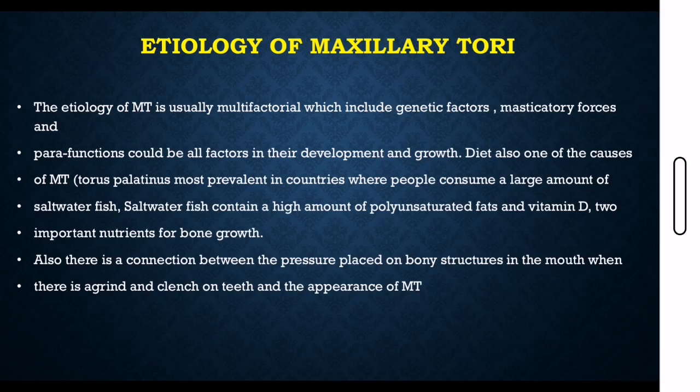Saltwater fish contain a high amount of polyunsaturated fat and vitamin D, two important nutrients for bone growth. Also, there is a connection between the pressure placed on bony structures in the mouth when there is grinding and clenching of teeth and the appearance of torus palatinus.